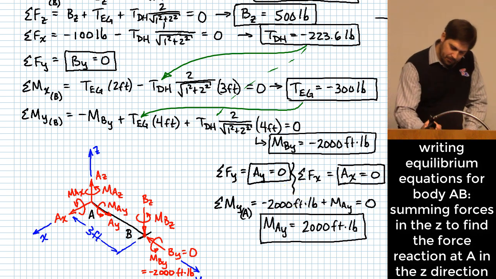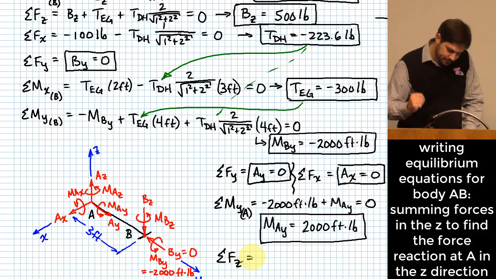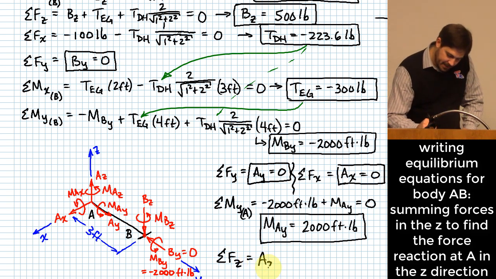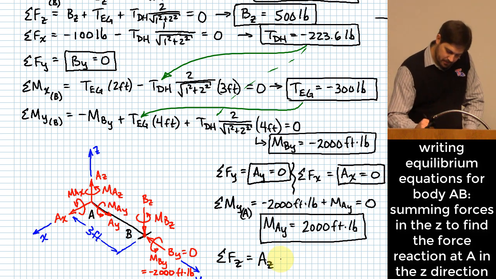Summing forces in the Z. For this, I have AZ, and what else? Minus BZ equals 0.